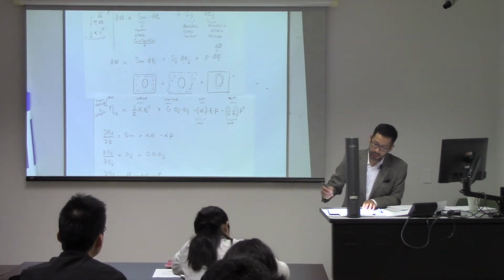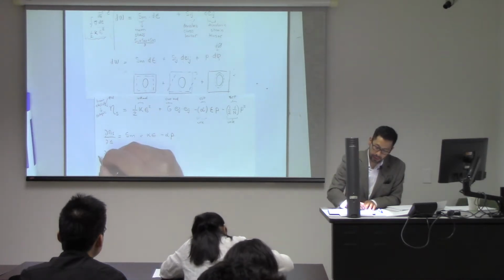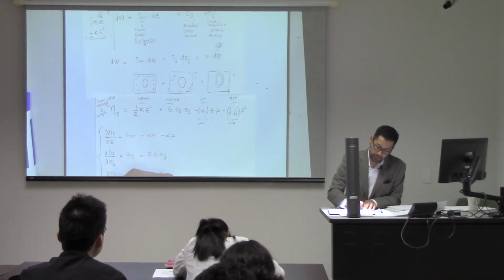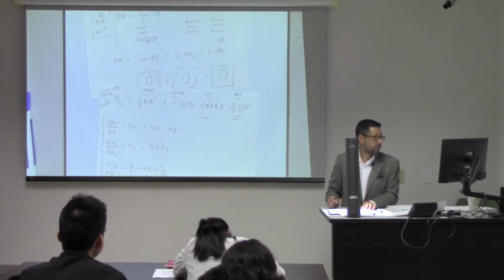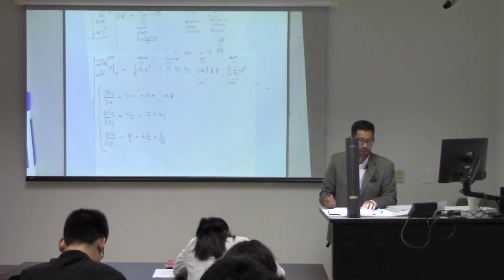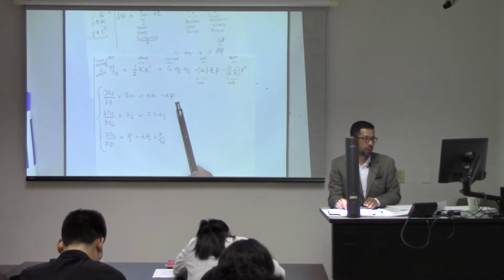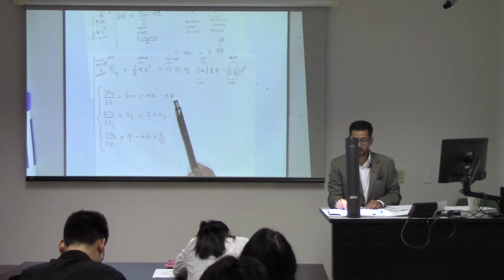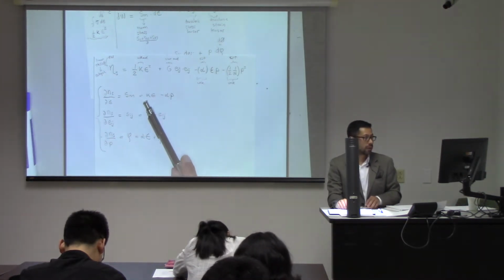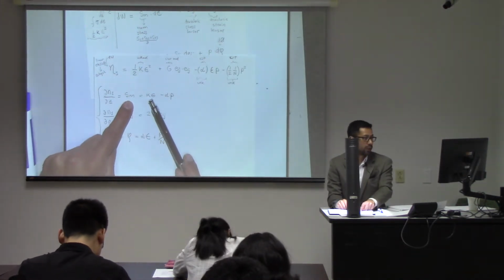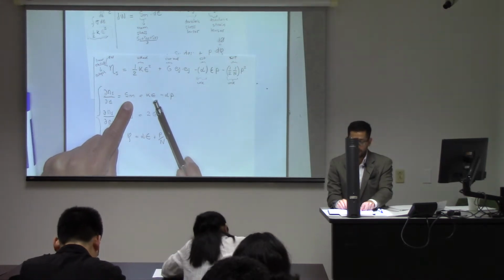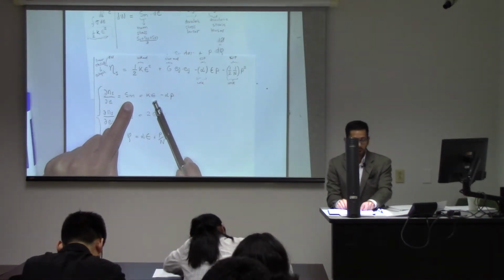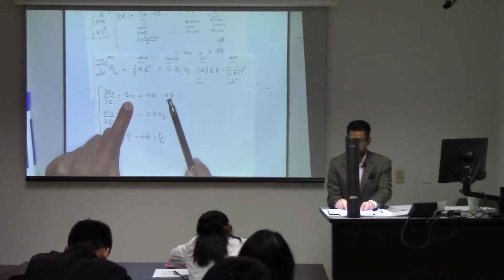And these are the three equations of the poroelastic solid. This one is something that we knew before: mean stress proportional to bulk modulus times volumetric strain. But now we have an additional term for pressure.